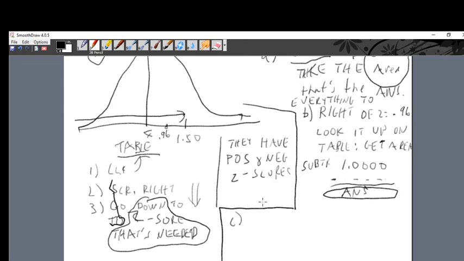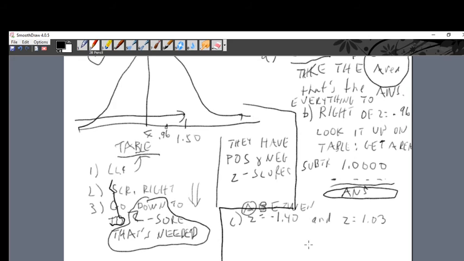What if the question is, they tell you z is equal to negative 1.40 and z is equal to 1.03. And they say between, right? They want everything between. Give us the area between these two.